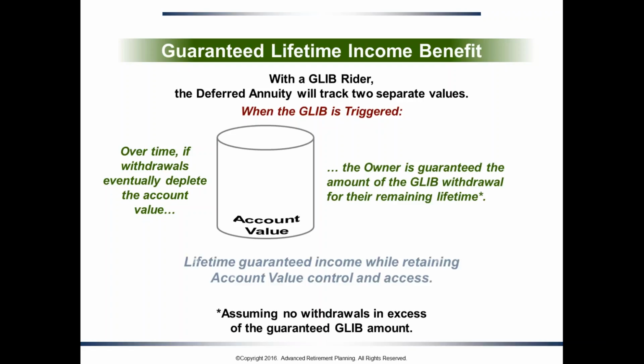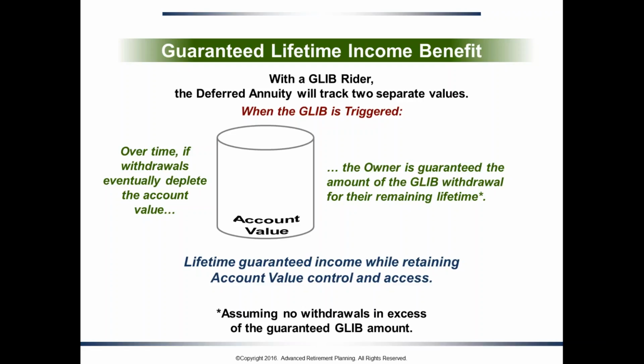And I like to call that the secondary guarantee. And this is how we provide lifetime guaranteed income, account value control, and access. Now you might say, well, how much over time, or how old would somebody have to get in order to deplete that account value? Well, it's an actuarial function, okay?